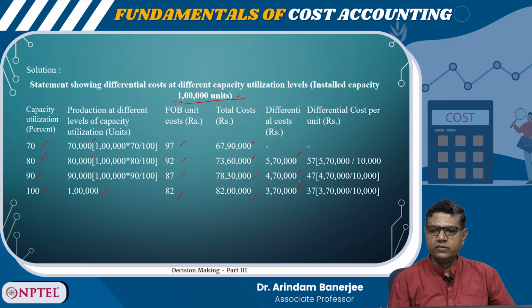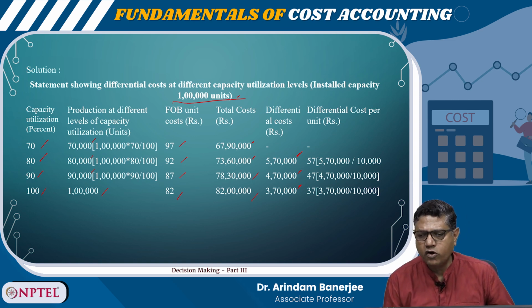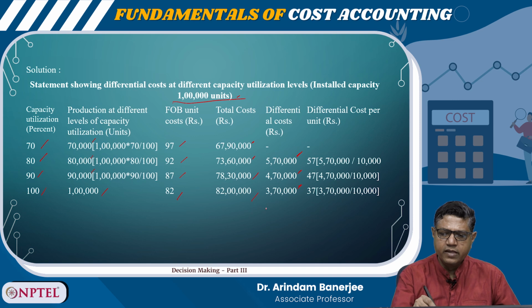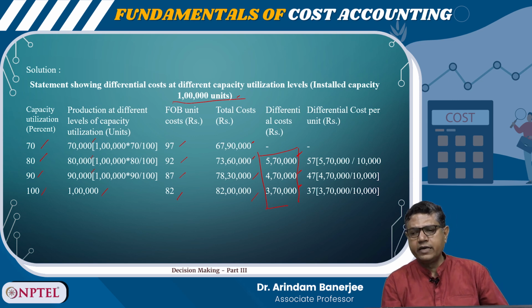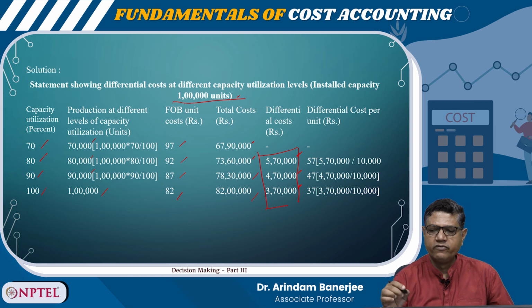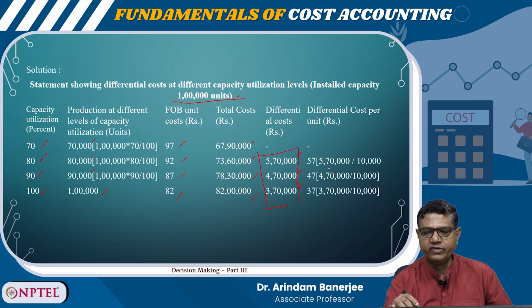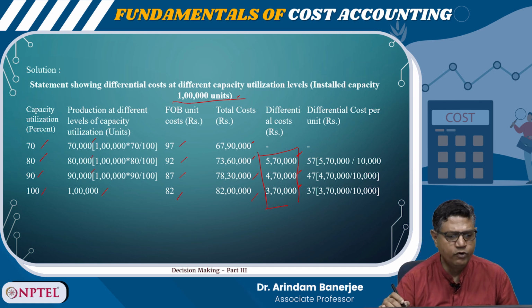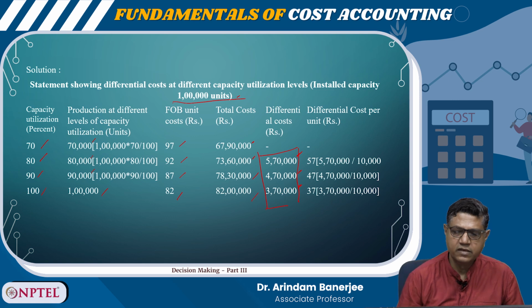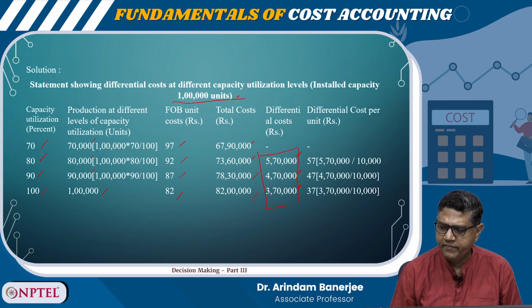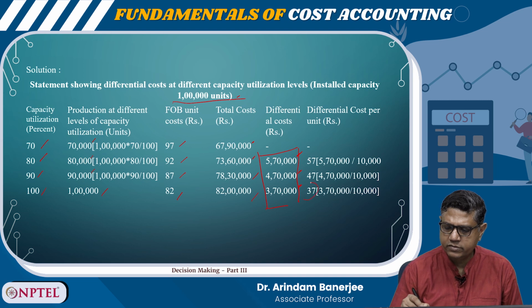Now, what is the differential cost per unit? I can calculate it, right. So, 5 lakh 70,000 divided by 10,000 is 57, 4 lakh 70,000 divided by 10,000 is 47, and 3 lakh 70,000 divided by 10,000 comes to 37.